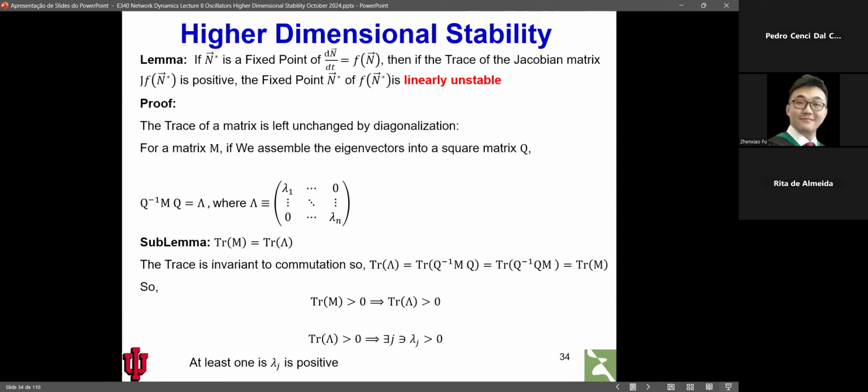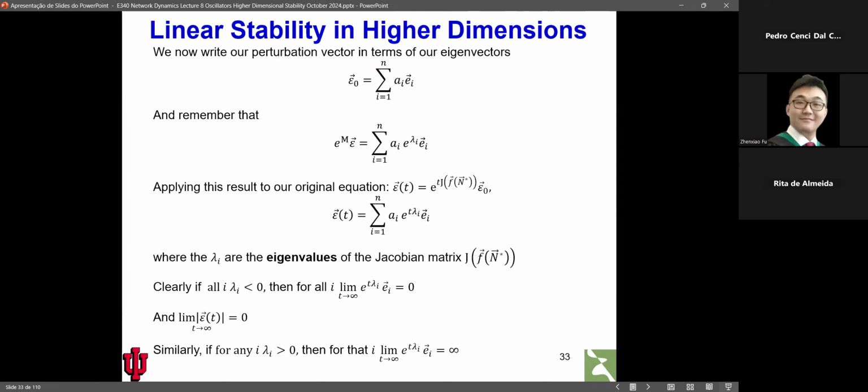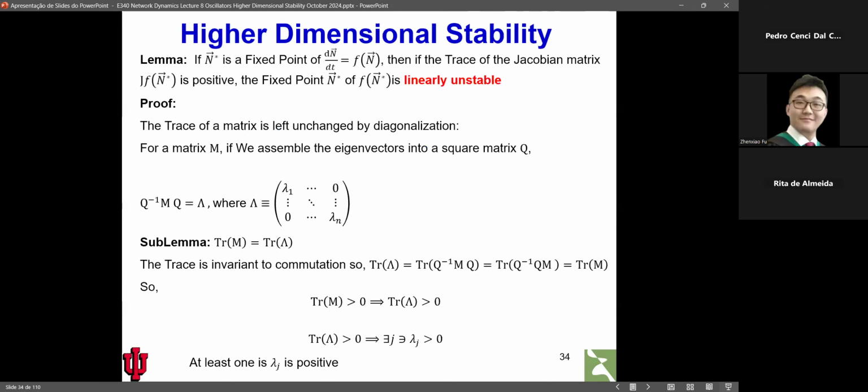What I'm saying is that if the trace of Lambda is positive, at least one lambda j is positive. And if one lambda j is positive, if I put it here, that component of the perturbation that we started is going to be infinite, which means that at least one component of the perturbation is going to be infinite, which means that the point is unstable.